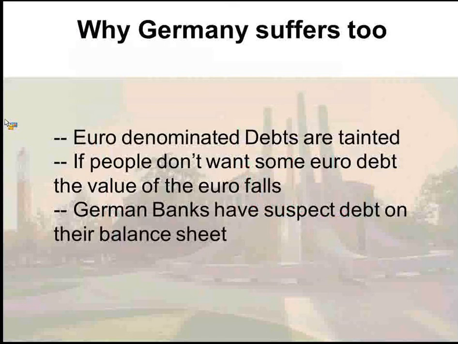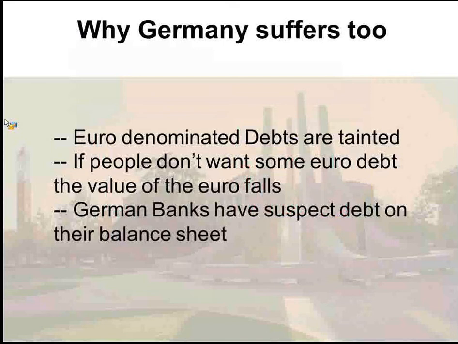I think euro-denominated debts are in a sense tainted now. Anybody who buys debt, whether it's from Germany, France, Italy, Ireland, any of those countries, they are holding an asset that is denominated in euros. We don't know if the euro is going to stay around, but even if it does stay around, if the value of the euro falls and you hold a German-issued bond, then the value of your asset falls.